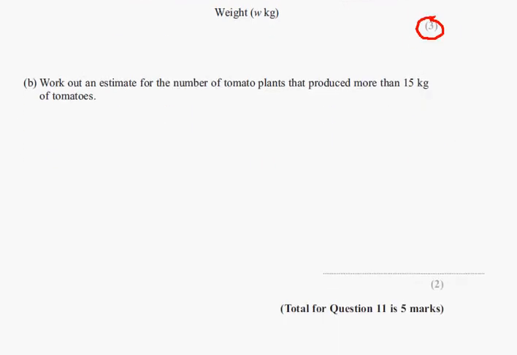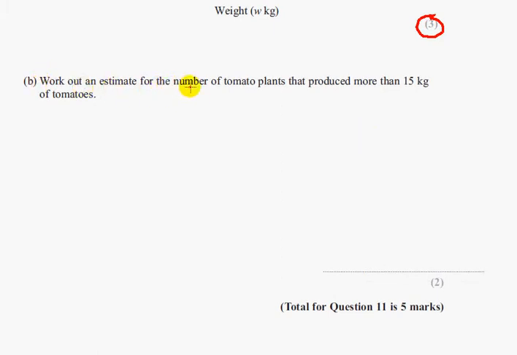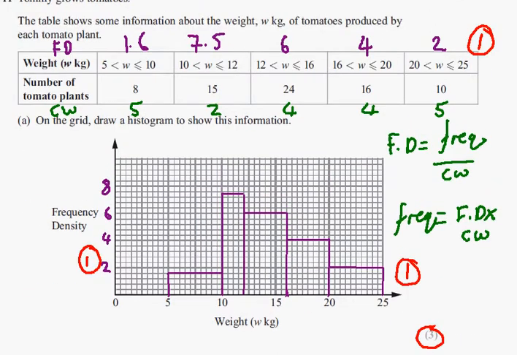Okay, so part B says work out an estimate for the number of tomato plants that produced more than 15 kilograms of tomato. So let's have a look at our histogram. The thing to remember about histograms is that the area represents the frequency.